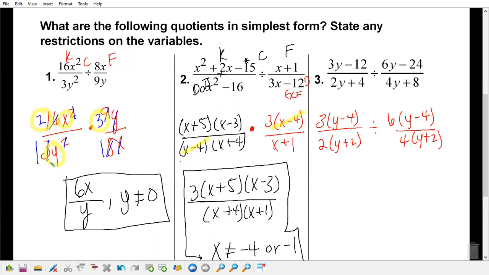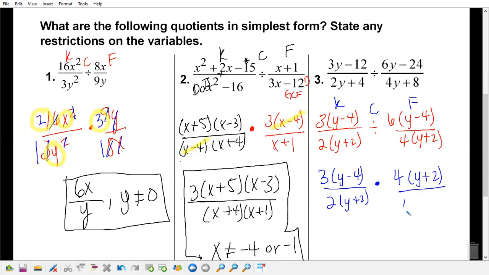So we factored everything. And now we're going to keep the first, so that gives us 3, y minus 4, 2, y plus 2. Change. So we keep, change, and then we're going to flip. So that gives us 4 times y plus 2 over 6 times y minus 4.